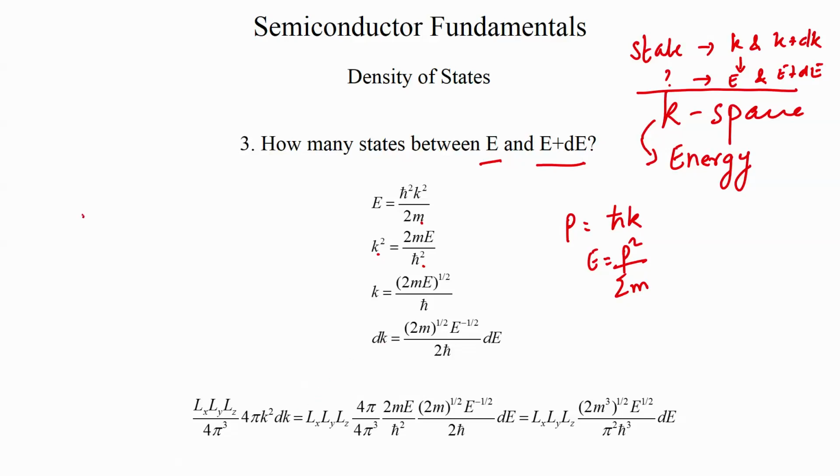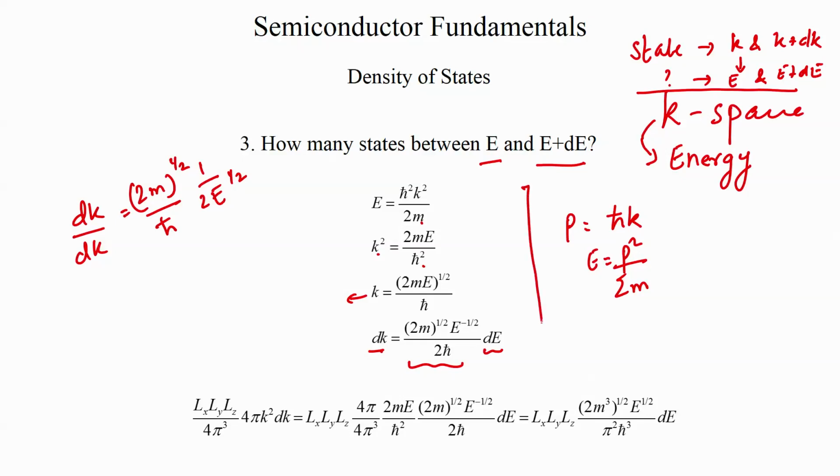And what is dk by dE? dk by dE is obtained by differentiating this. So you have 2m to the power half by h bar and the differential of E to the power half, which is 1 by 2 E power half. And therefore you have dk equal to this term into dE. So we have these 4 relations with us.